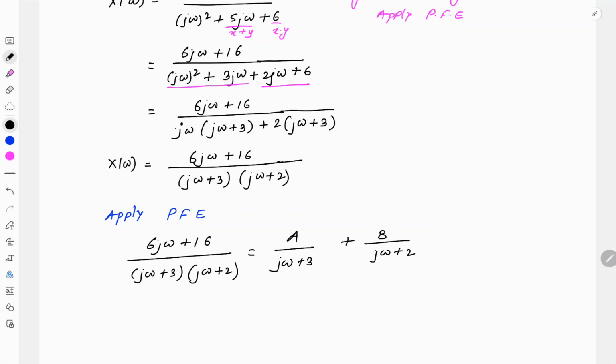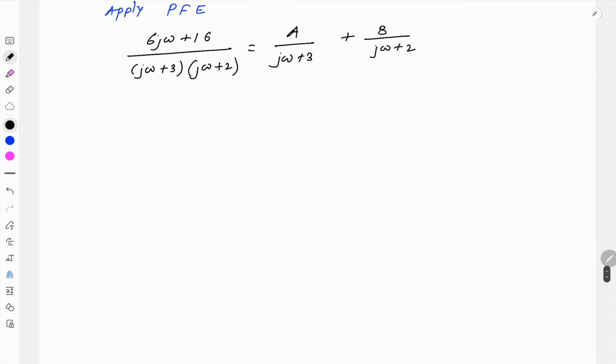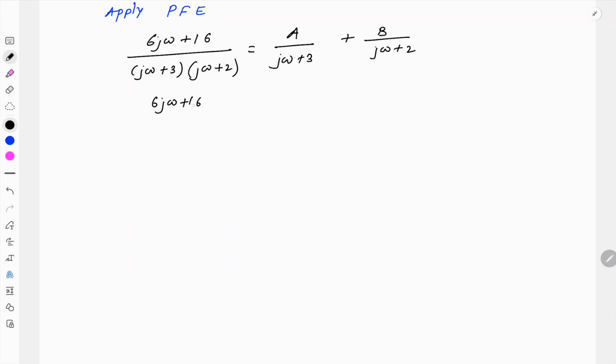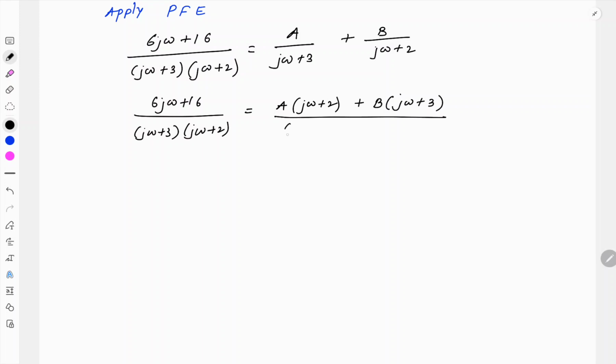So simplify it further. (6jω + 16) upon (jω + 3)(jω + 2) is equal to, so cross multiply it, whole divided by the roots jω plus 3 and jω plus 2.